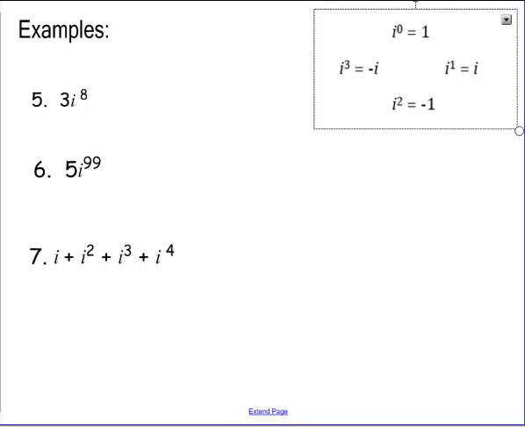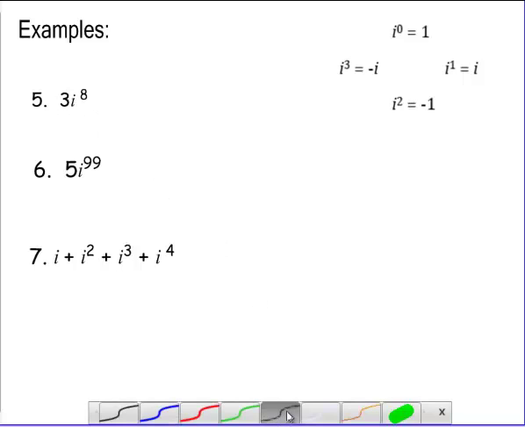And the last type of example we're going to do is the clock. So i to the 8th. Well, there is no i to the 8th up here, but this is a clock, and it goes round and round.